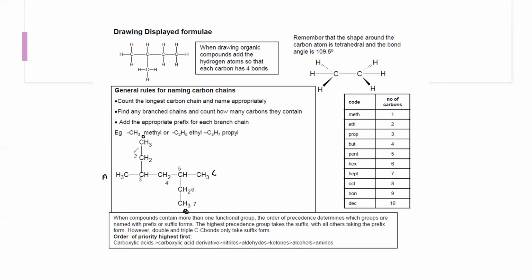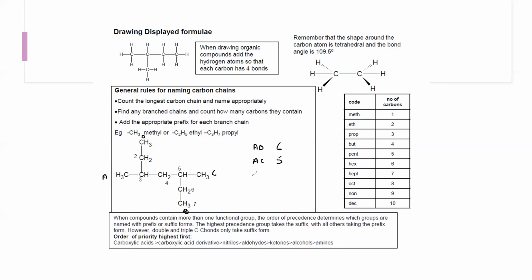So there are four ends. I have to count from one end to another, and I will select the carbon chain which has the maximum number of carbons. If I count from A to B, 1, 2, 3, 4, 5, 6. So 6 carbons are there. If I count from A to C, 1, 2, 3, 4, 5 are there.